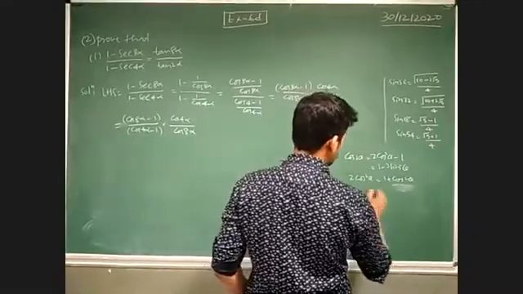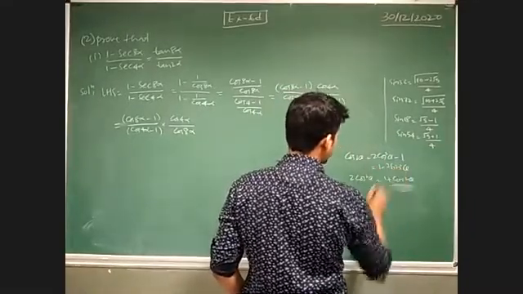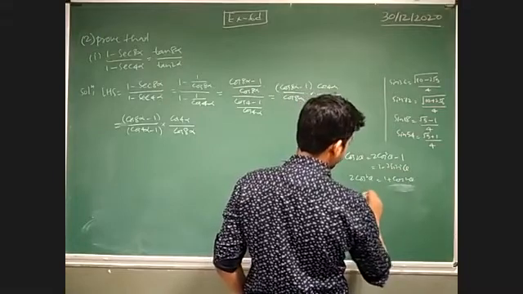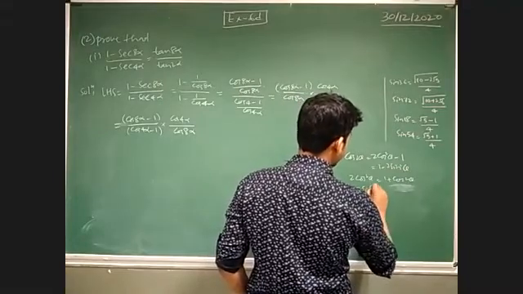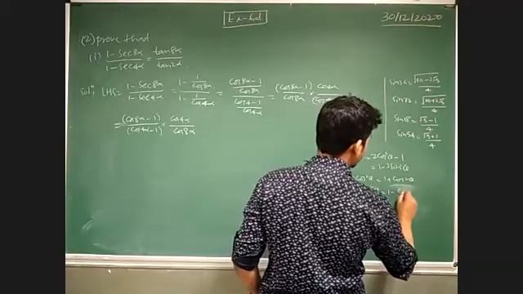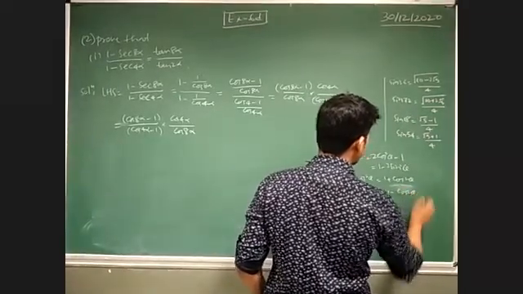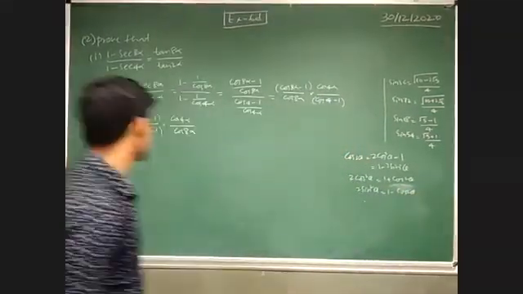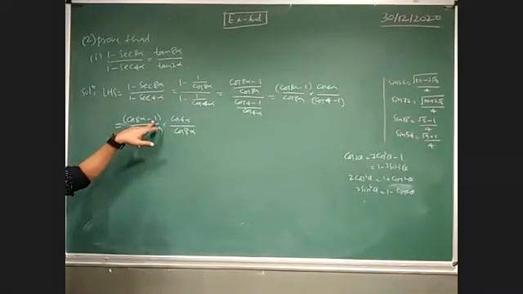Then from here, 2 sin square theta is nothing but 1 minus cos 2 theta, and here we have cos 8 alpha minus 1.